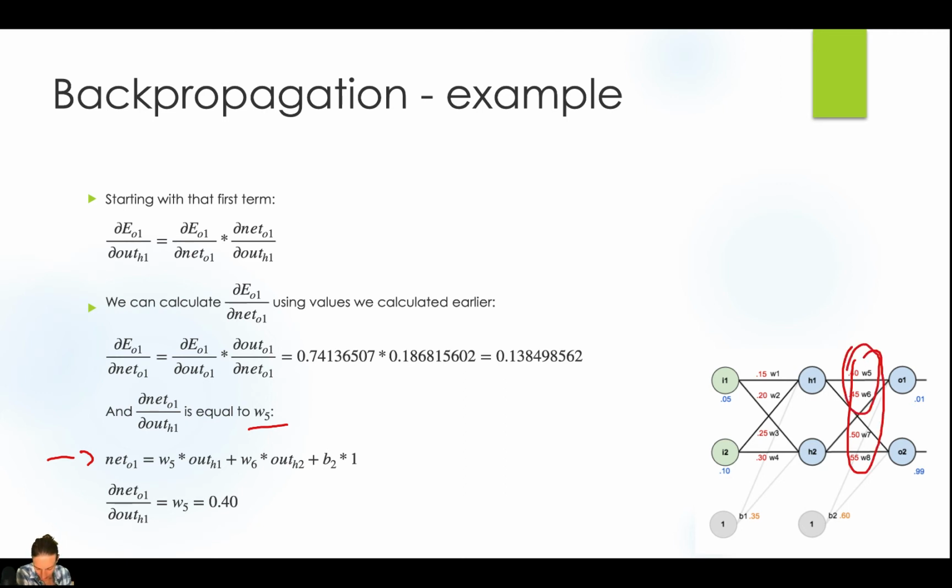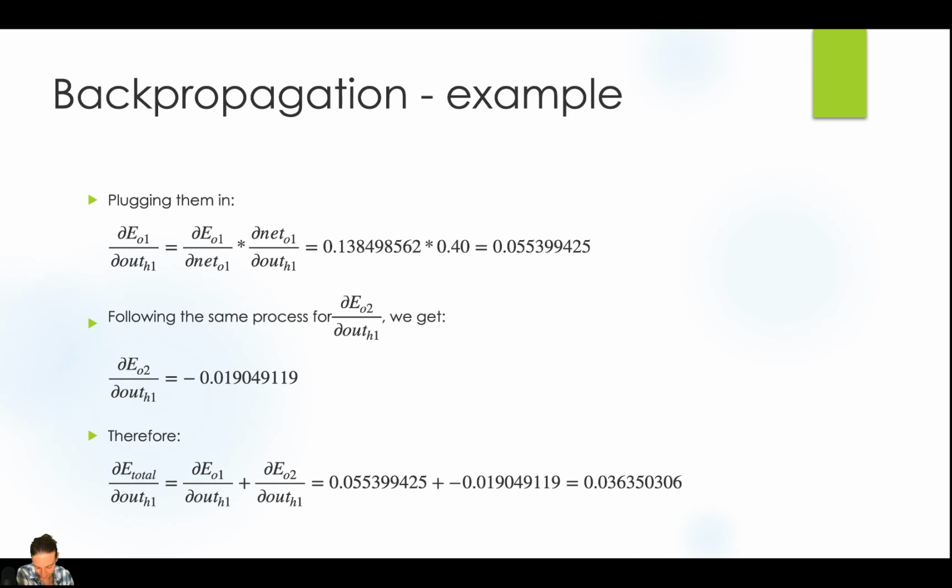And if we take the partial derivative with respect to out H1, again, this term drops, then this becomes 1, and this is a constant, so it stays, so that means it's W5. The value for W5 is 0.40 here, which I removed for you, occluded for you. So 0.5 is this partial derivative. Okay, are you still with me?